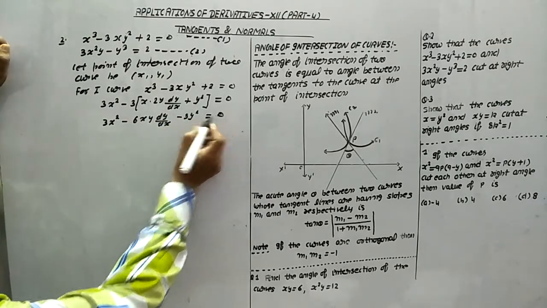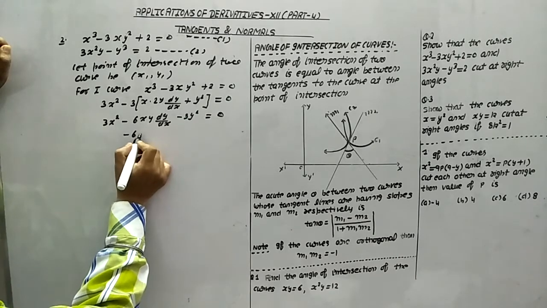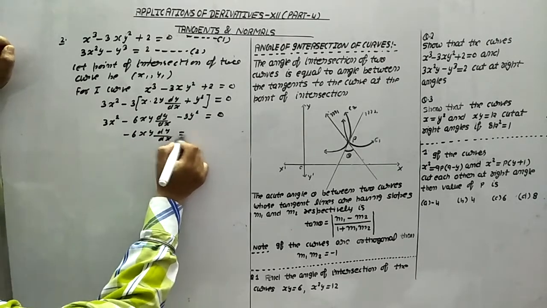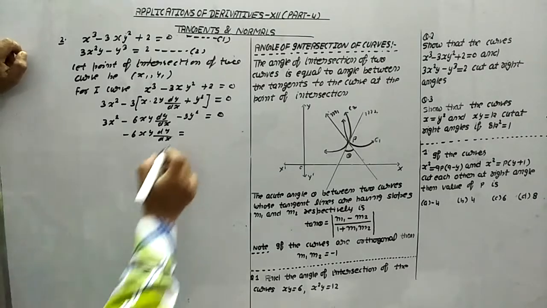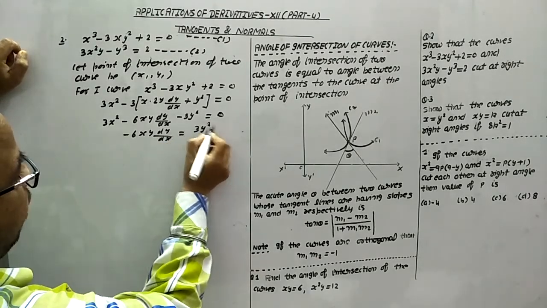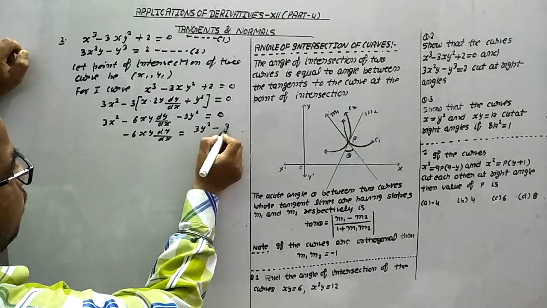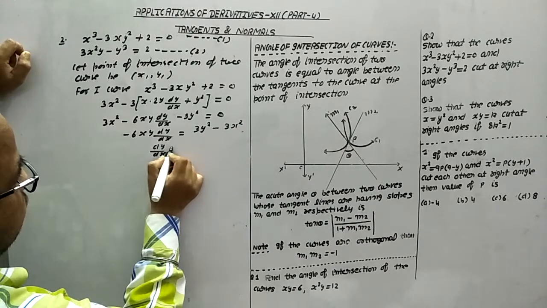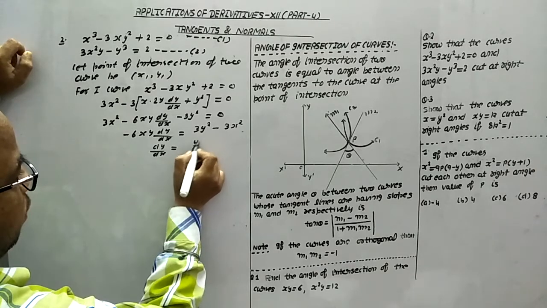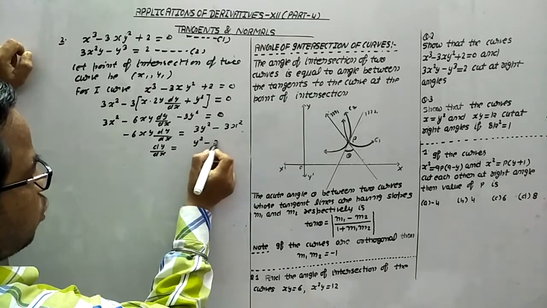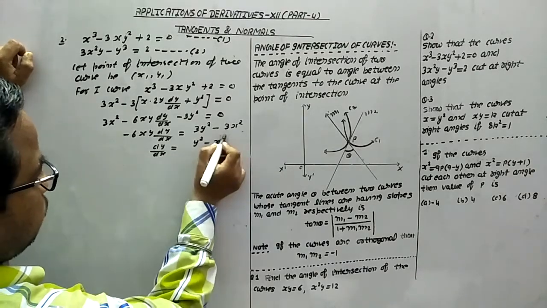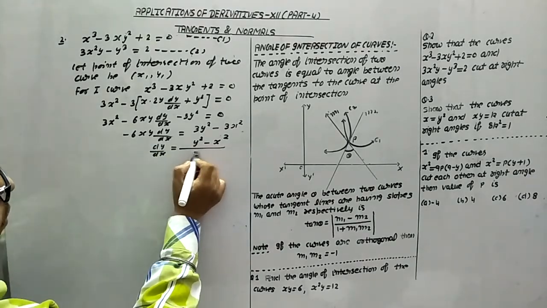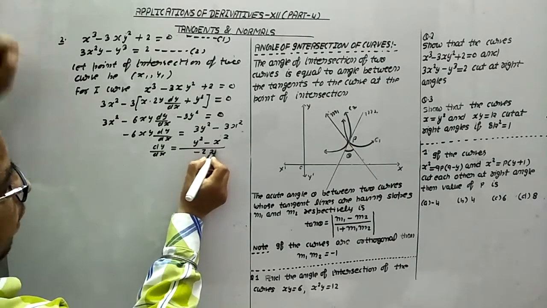equals 0. It means minus 6xy dy by dx is equal to 3y square minus 3x square. It means you can say dy by dx is equal to (y square minus x square) upon minus 2xy.